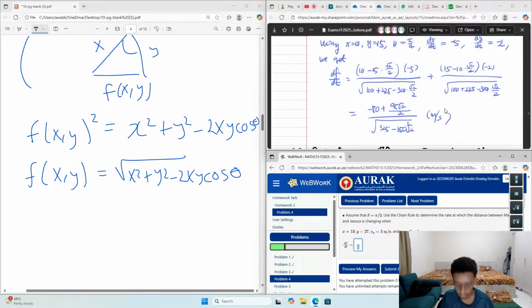Just use the calculator. Minus 80, 95 square root of 2, and square root of this 325 minus 150 square root of 2 says 0.066.